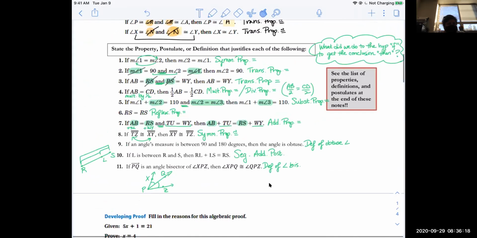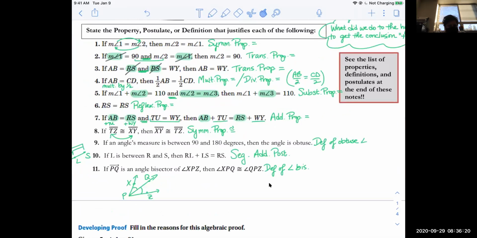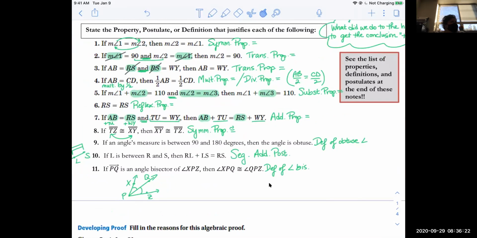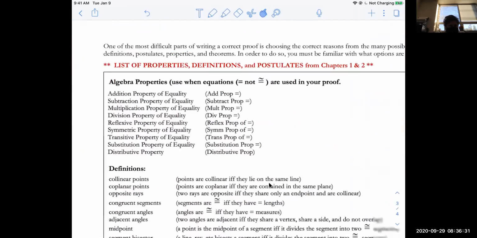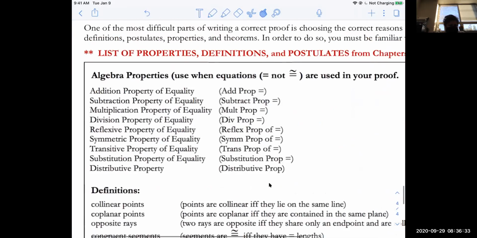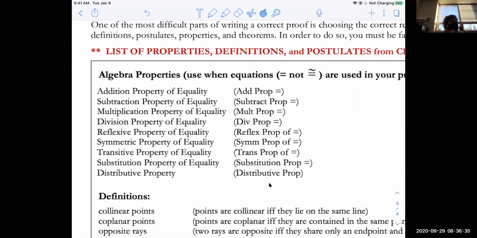Now, as you see right there, sometimes postulates and definitions are mixed in with the properties. Down on the fourth page, I tried to summarize everything that you would be using on these. So the properties are listed there, which is from today.